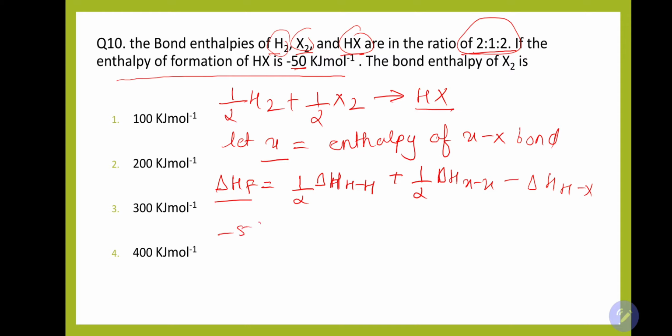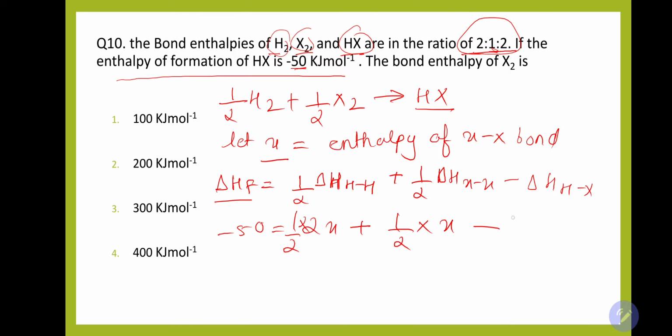So minus 50 is equal to, what is the HH bond? It is 2x, because they are in the ratio. So it will be 1 by 2 into 2x, plus 1 by 2 into x because it is in ratio 1, minus what is of HX?